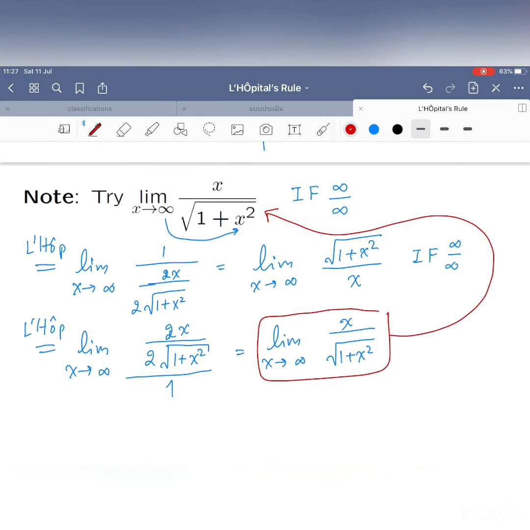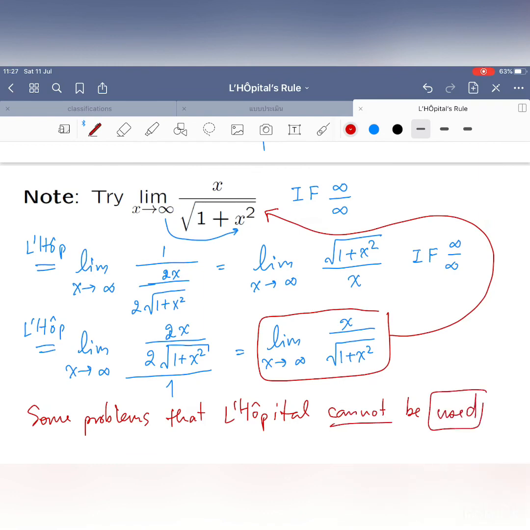It simply means that there are some problems, okay, that L'Hopital really cannot be used on. For example, this kind of problem, okay. Then how are we going to do it?